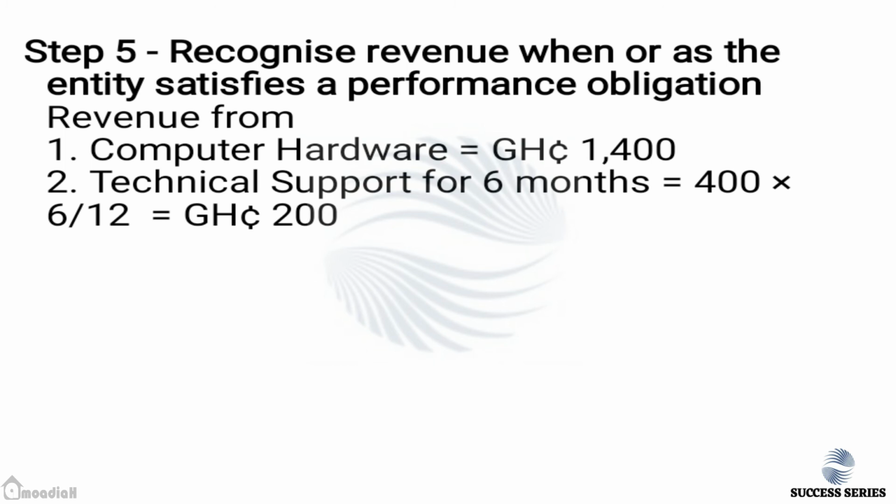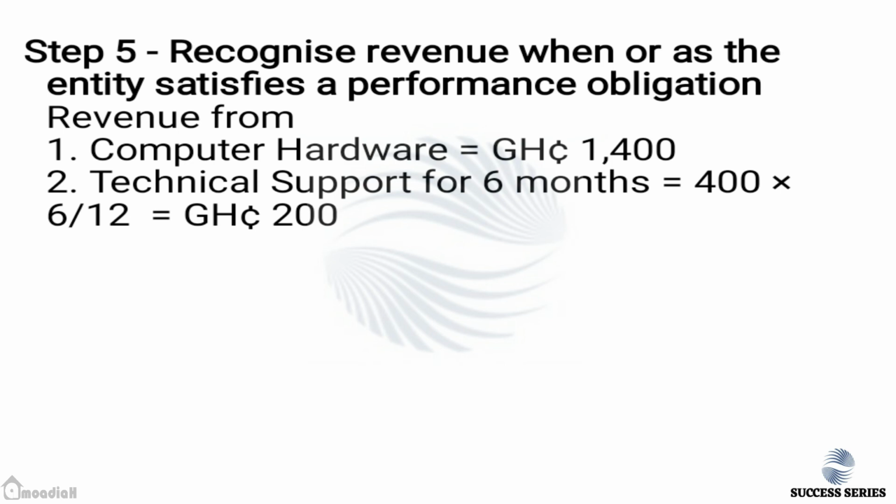With the technical support, our question made us understand that the technical support was for only 6 months, because the contract was sold on 1st July and the company has a 31st December year end. So the technical support covered only a period of 6 months. In step 4, we calculated the technical support transaction price for a whole year, which was 400.